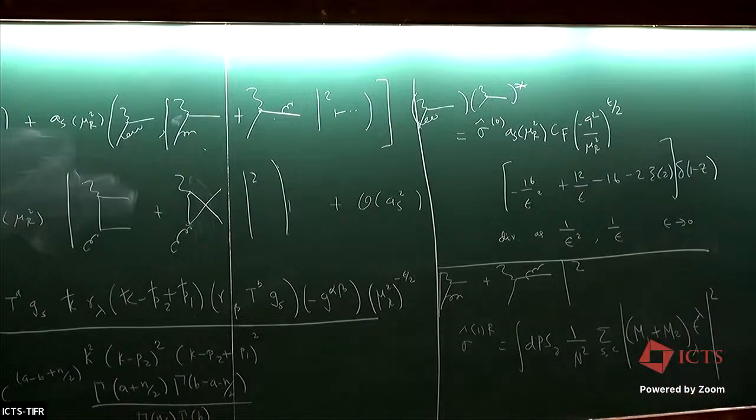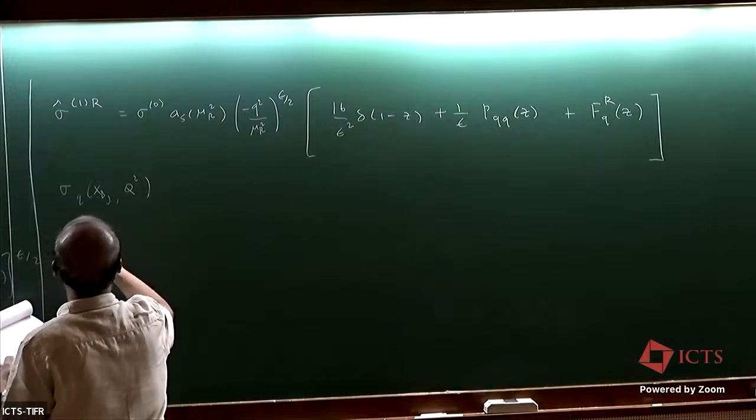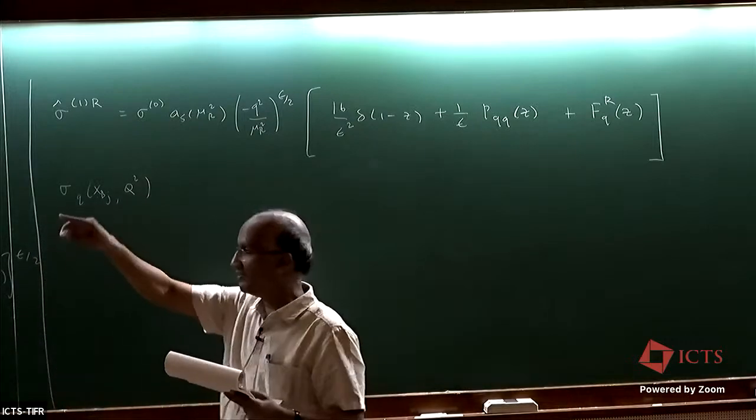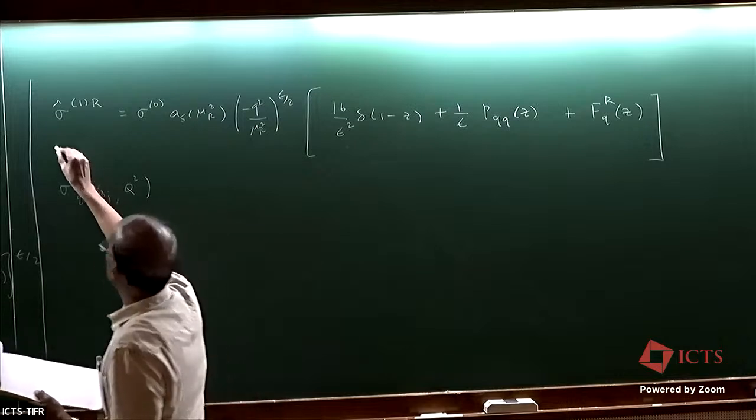So this computation that I'm talking about was done in the 1970s, just after QCD was invented. Now let me write down the full answer. It would look something like this. If I am considering the quark initiated process, x_Bj, I consider only the quark initiated part, the first line.